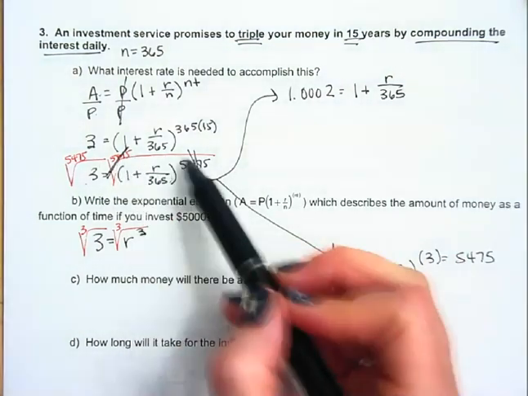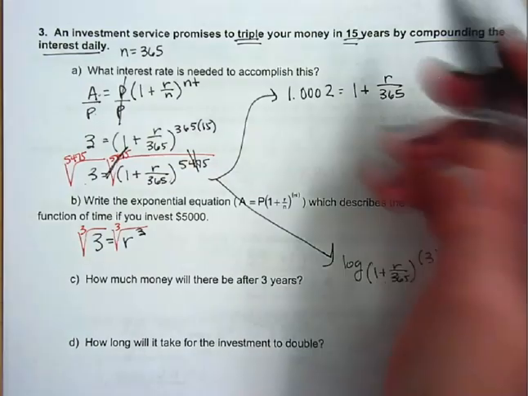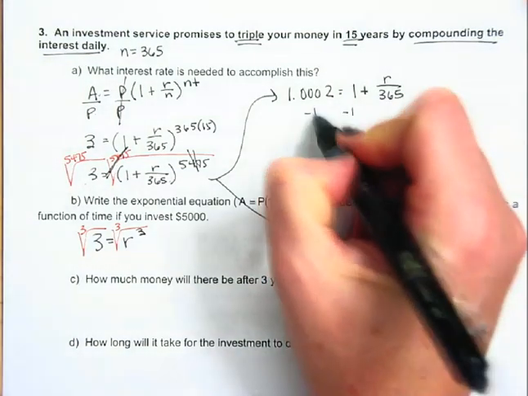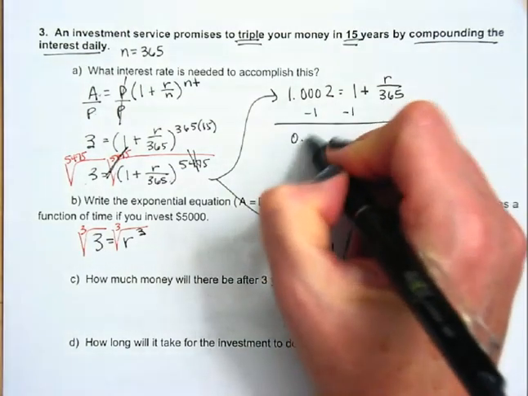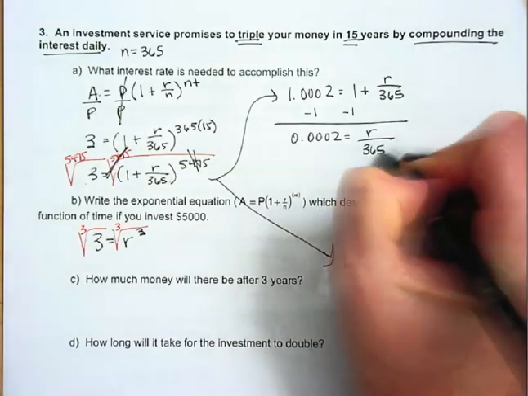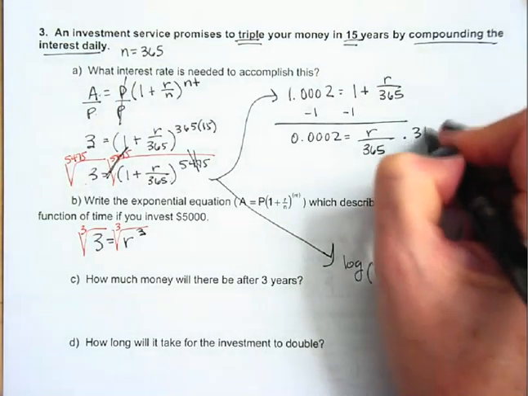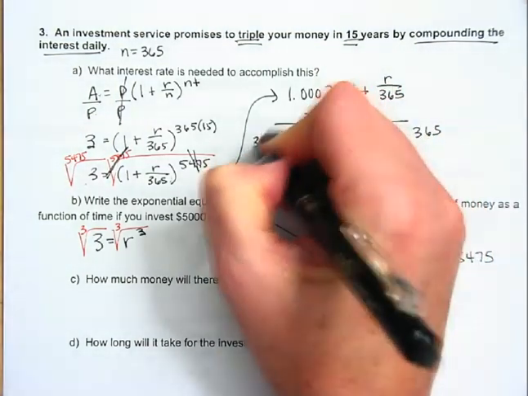And now the root canceled the power, so I'm just left with the base 1 plus r over 365, and now I'm just going to solve this like a regular equation. Subtract 1 from both sides. Now I have r over 365 on the right, so I'm going to multiply both sides by 365.